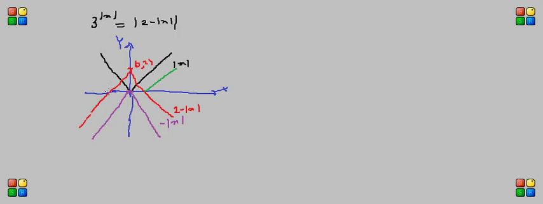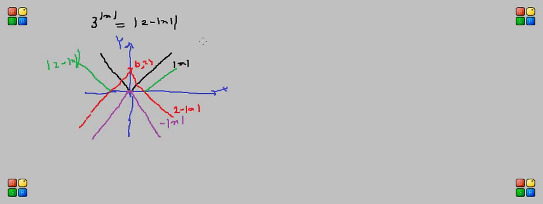Similarly, on the left hand side of the x-axis, this portion which is on the negative side of y, we can invert this on the positive side. Now this W-shaped graph is the graph for mod of 2 minus mod x, right?